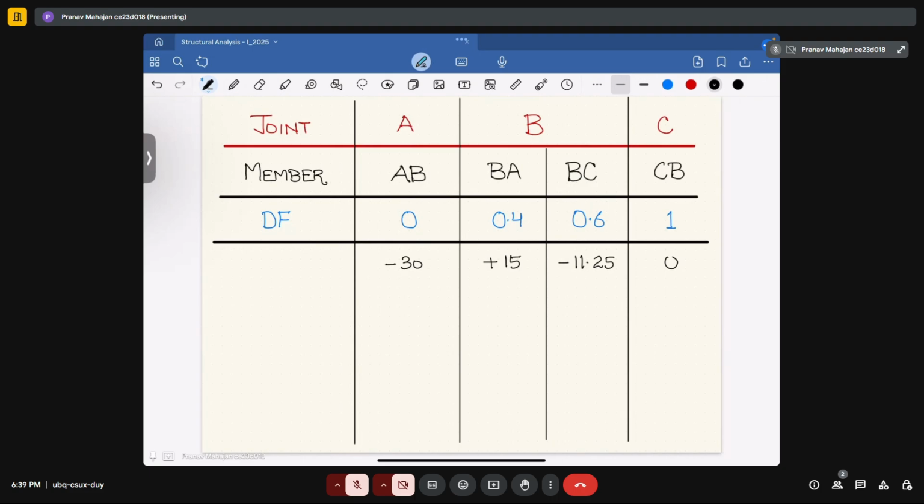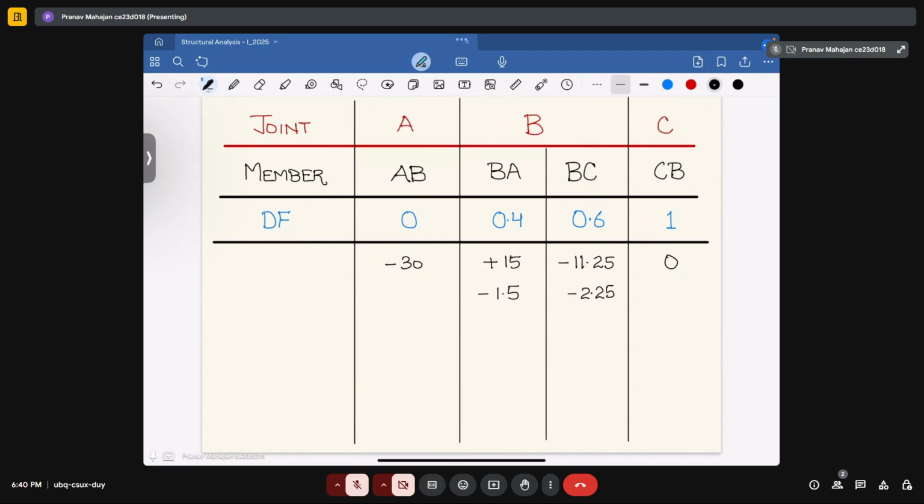Now again you have got the balancing moment to be equal to 3.75. Now you have to divide this 3.75 as per the distribution factor. So if you divide the 3.75 in terms of distribution factor, it will come out as minus 1.5 and minus 2.25.